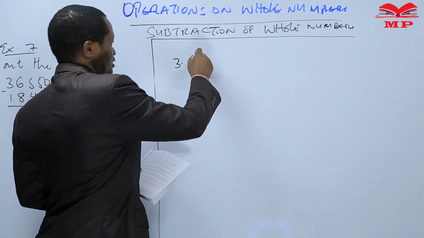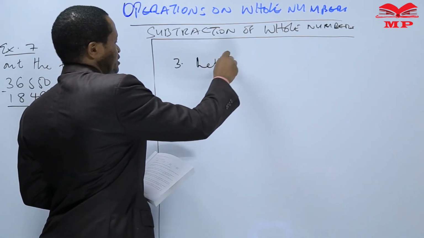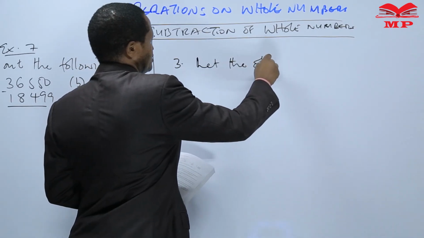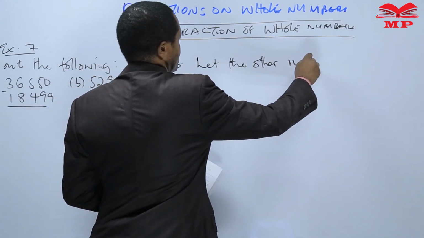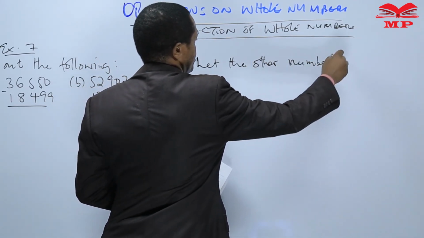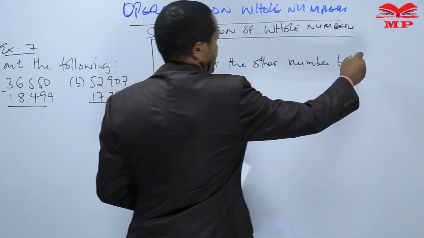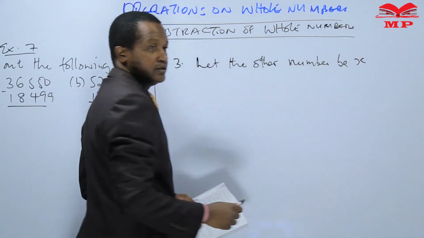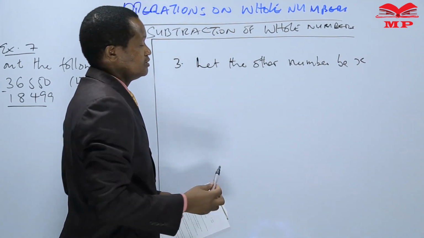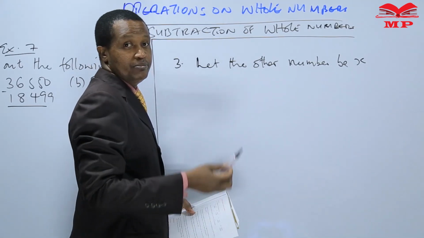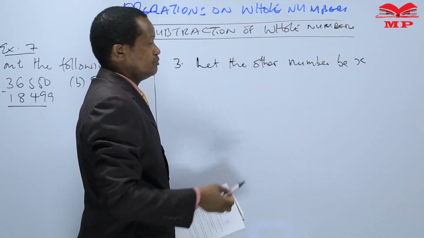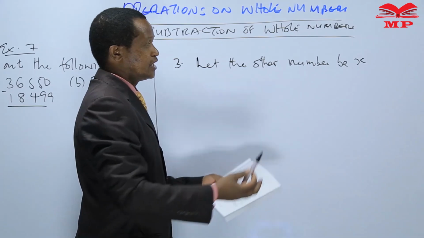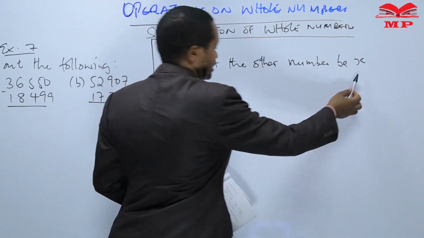So learners, we can say let the other number be x. It can be A, it can be B, it can be C, it can be D, it can be anything, any number, but let us choose x.